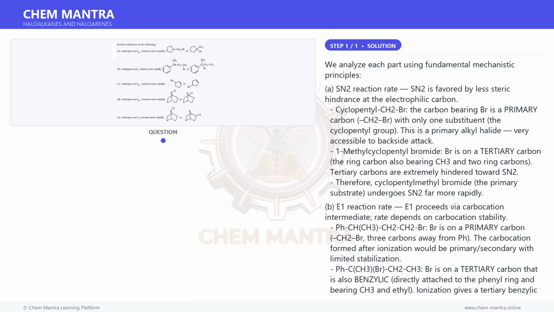For the C2 chloride, on the ring carbon adjacent to the bridgehead, although the norbornane framework is rigid, the C2 position can more readily achieve an antiperiplanar relationship with adjacent H atoms for E2 elimination. Therefore, the norbornane with Cl on C2, the ring carbon adjacent to the bridgehead, undergoes E2 more rapidly. Therefore, the correct answer is A.